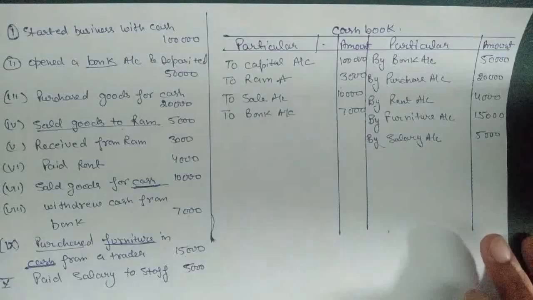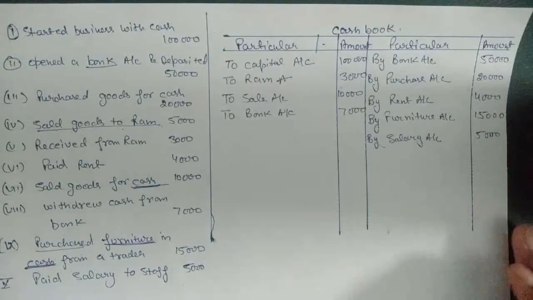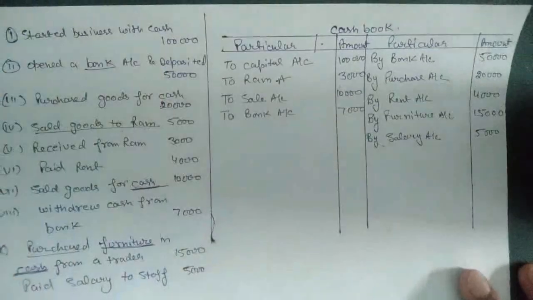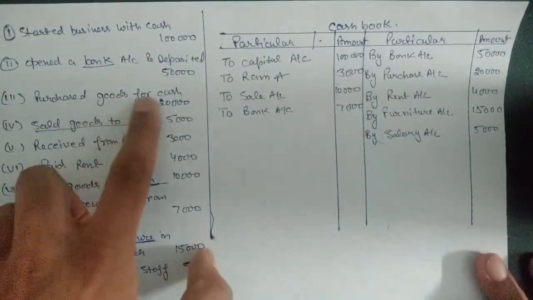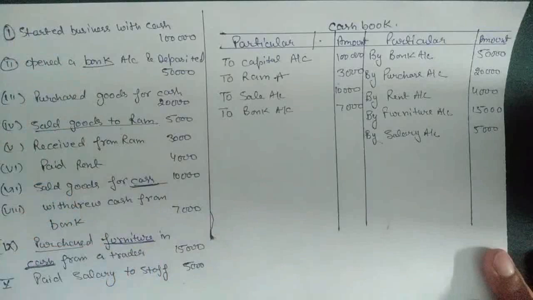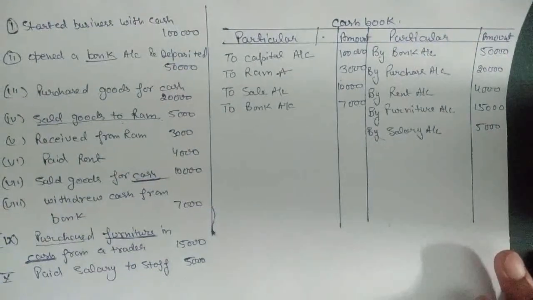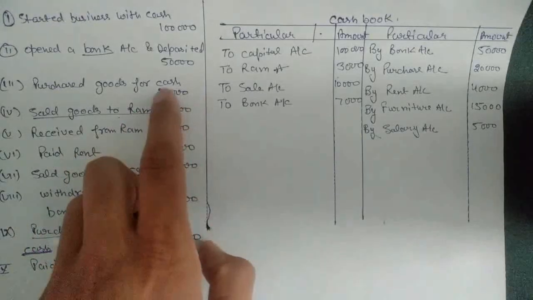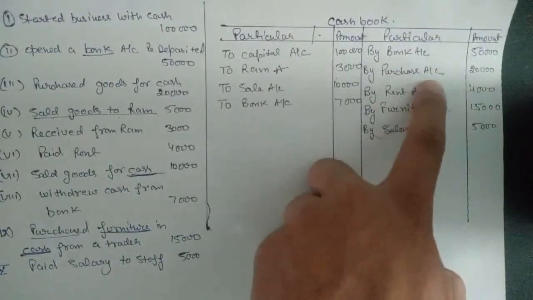So there is an outflow of cash from the business because we deposited 50,000 from our cash in the bank account. Next thing is purchase good for cash. It means we are purchasing good, as we know that when we purchase good we have to pay money, and if we are paying, it means an outflow of cash from the business. So we will credit it by purchase account.